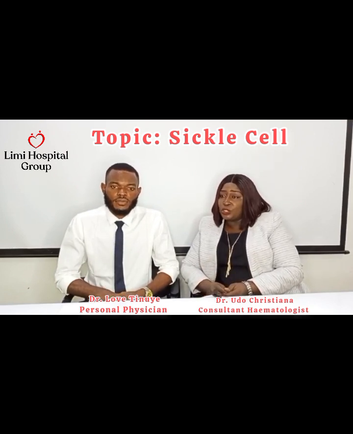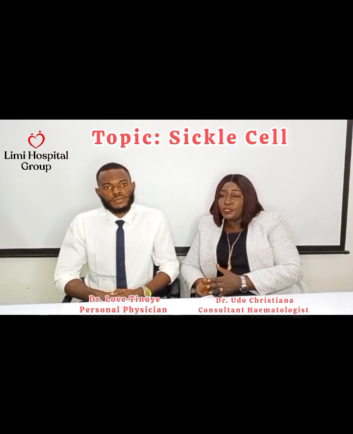The other complication can be a gallstone. The red blood cells are excreted in form of bilirubin. So this bilirubin can form and be deposited in the gallbladder. So the patient can have a complication called cholecystitis, and then they can present with pain in the right hypochondrial region or the upper right abdomen.